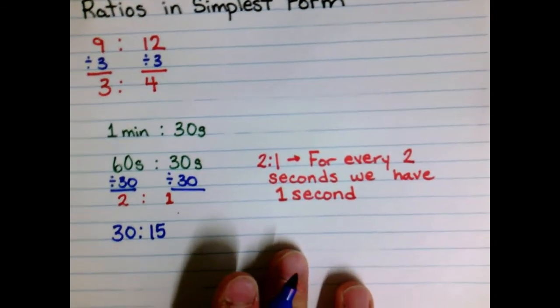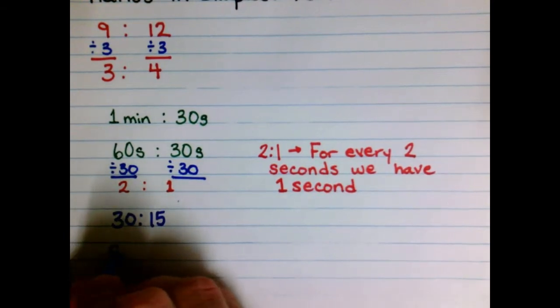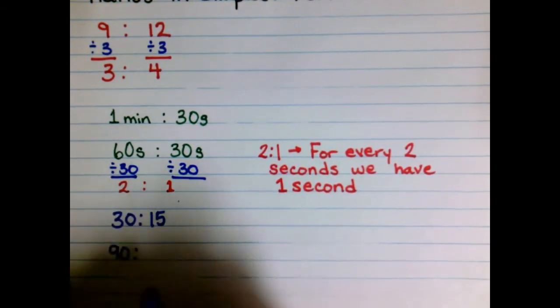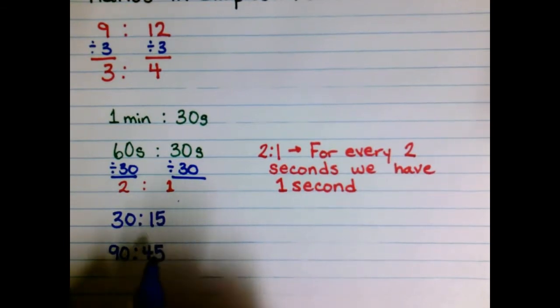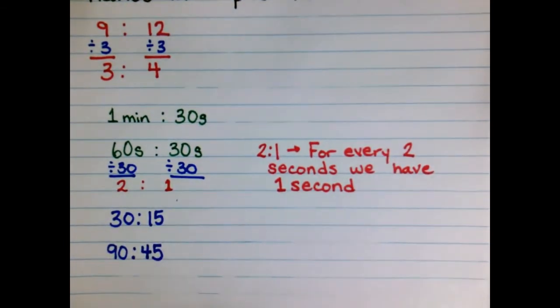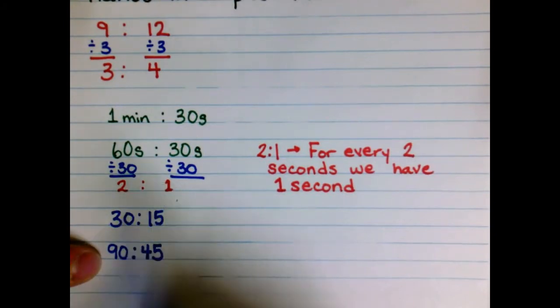Just another quick example, if we take the number 90, half of 90 would be 45. This would also be an equivalent ratio. And the reason they're equivalent is that I can take them all and reduce them to 2 to 1.